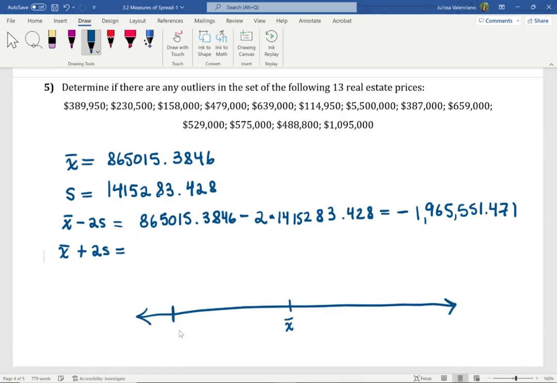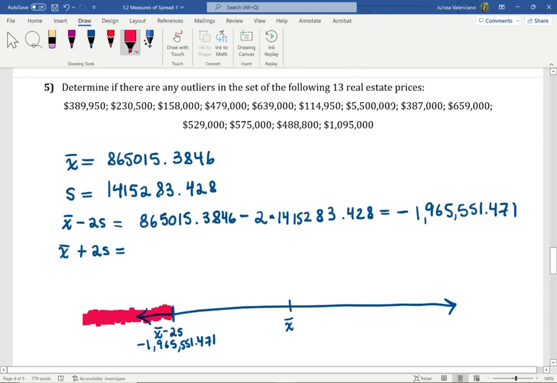So here's what we have in mind. We can picture a number line. At the center, we have X bar. We are finding X bar minus 2 times S. This value is negative 1,965,551.471. We know that if we have any data values below this value, those are going to be considered outliers.